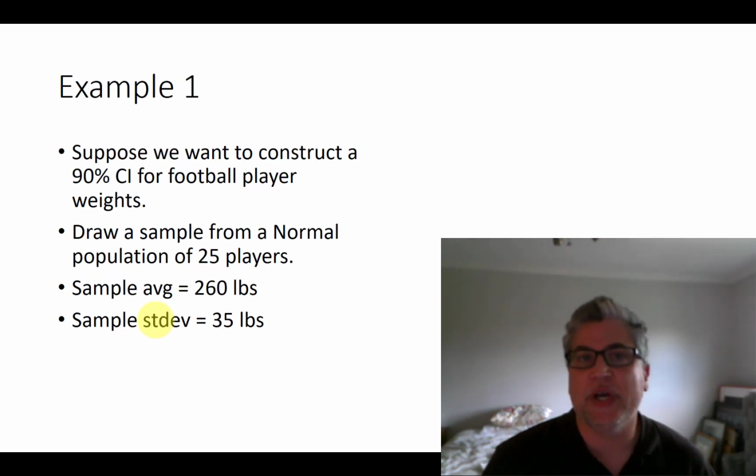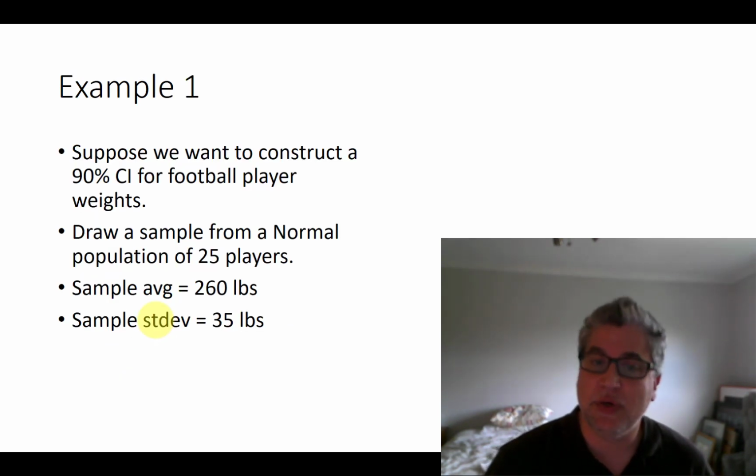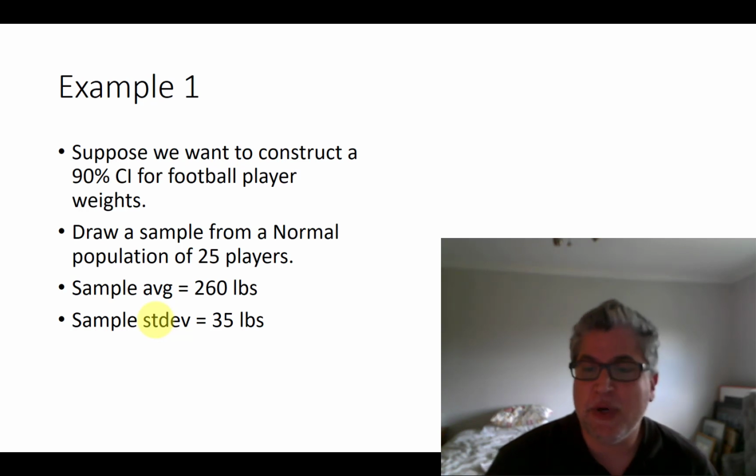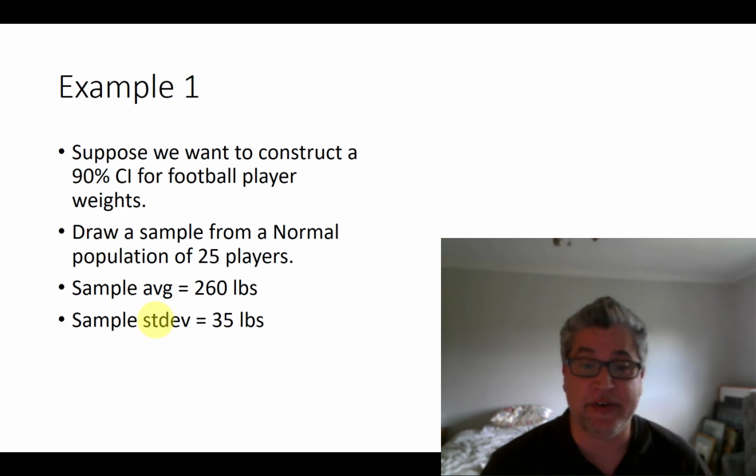It's always easier to understand things by example, so let's do one made-up example. Let's say that we wanted to construct a 90% confidence interval for football player weights. I don't know whether these are NFL or whatever, because I made up these numbers. But let's suppose that we draw a sample, and we know the sample is normal, but we don't know anything more about that. We don't know the mean of that distribution. We don't know the standard deviation.